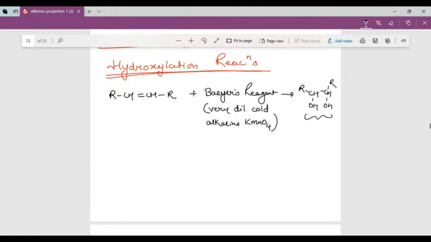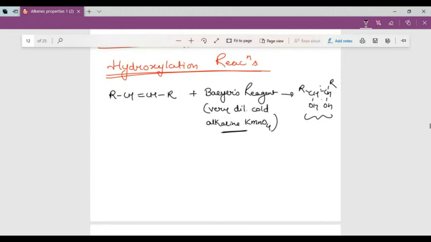This diol formation is known as the hydroxylation reaction. We have to be very careful about the condition of the word very dilute. It ranges from 1 to 2% hardly, because KMnO4, being such a strong oxidizing agent, can anytime oxidize our alcohol further to either acids or ketones.